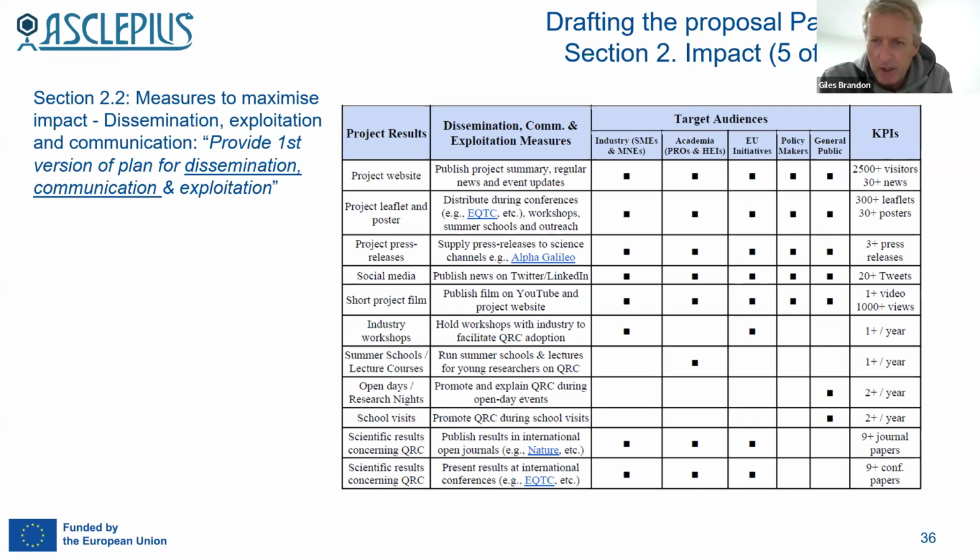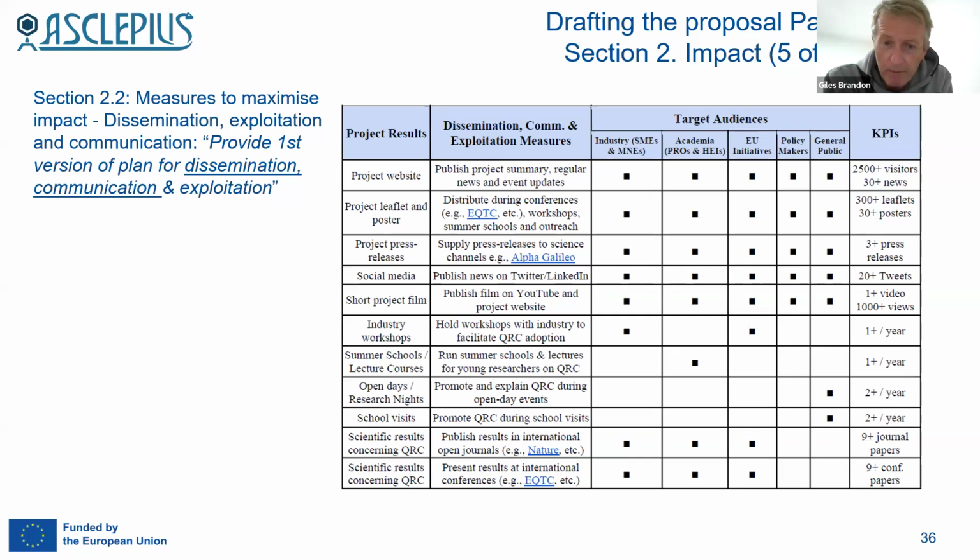Then there's this next section, target audiences. The thing to understand here is the Commission's really keen that you are aware of your different audiences and that you're trying to reach all of them in some shape or form. That's why you see these 5 different categories of target audience.